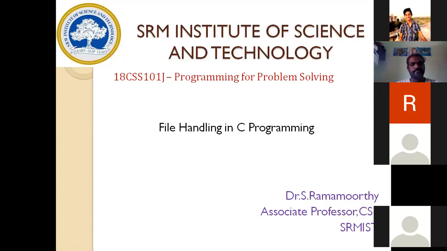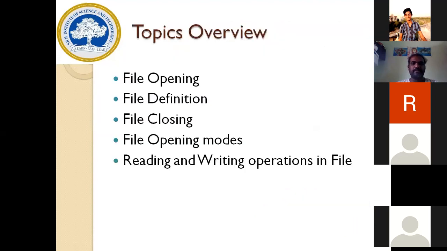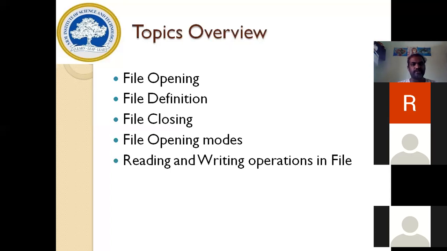So these are the topics we are going to discuss in this video lecture. What are the different types of file opening modes? First of all, we start with file opening: how to open a file, whether an existing file or a new file, how to read the contents from that file, and how to execute operations over that file.